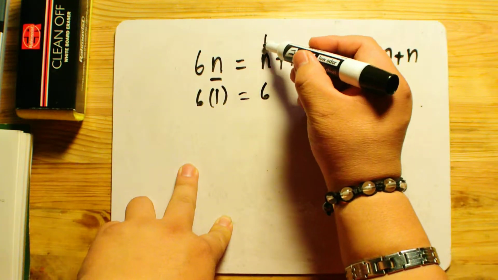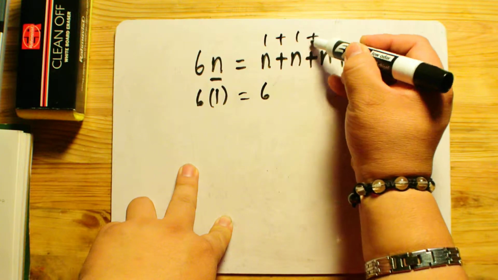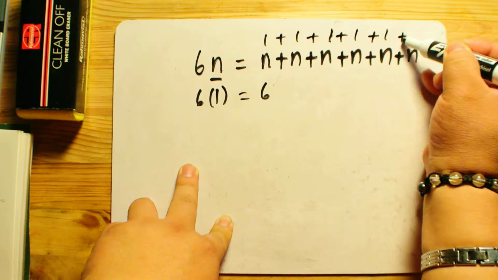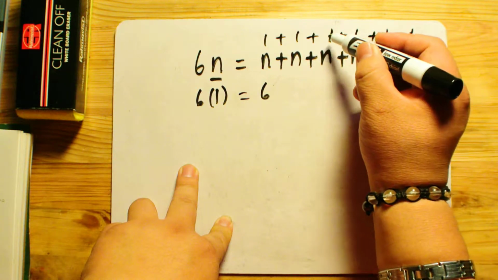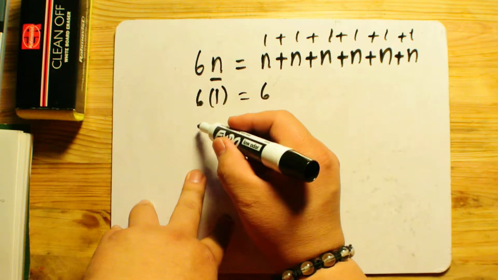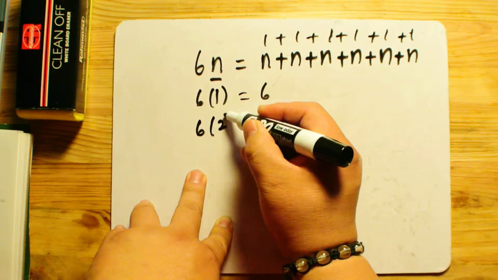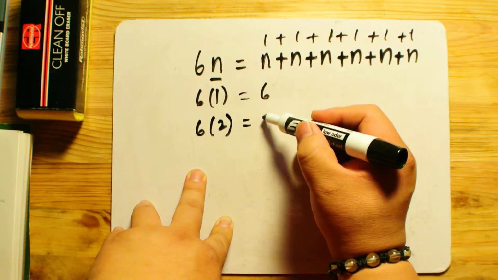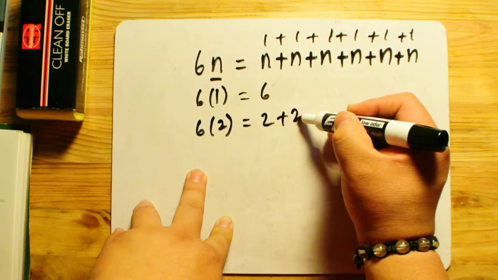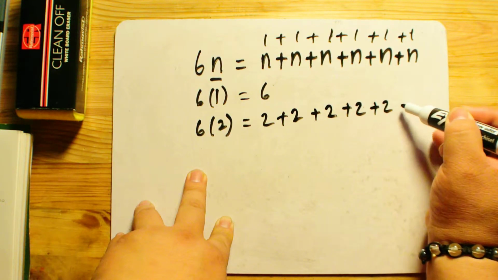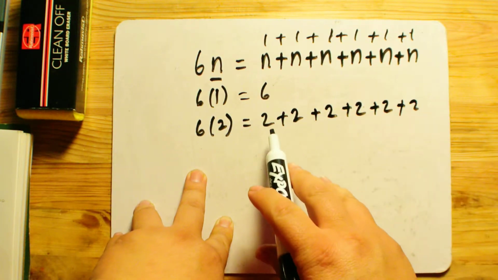And that's true, because 1 plus 1 plus 1 plus 1 plus 1 plus 1 is 1, 2, 3, 4, 5, 6. Now let's say n was 2. This would mean there's 2 plus another 2 plus another 2 plus another 2 plus another 2 plus another 2. Is that 6?